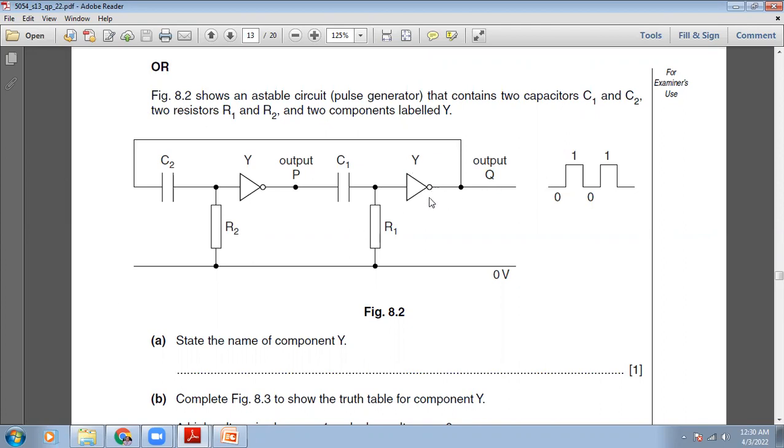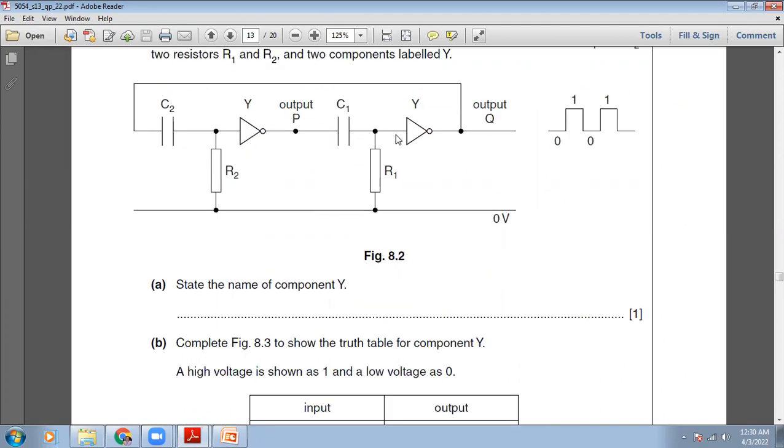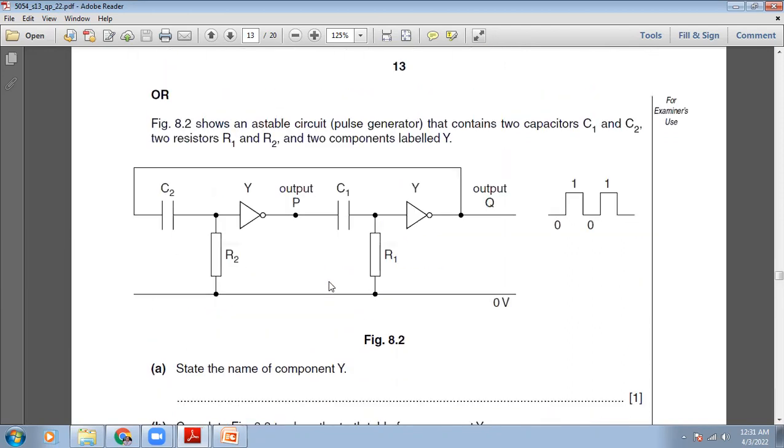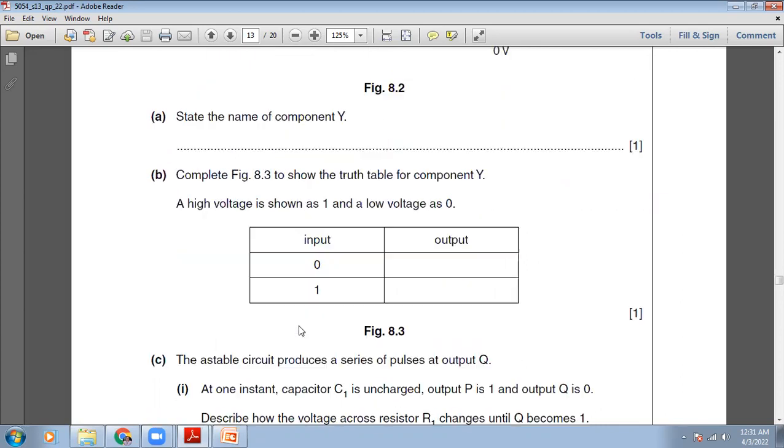This is actually an inverter. It is a NOT gate basically. Whatever will be the input, it will invert it. So whatever will be the input here, the output will be opposite to that. So this is a NOT gate. And here you have the truth table. If the input is 0, the output will be 1. If the input is 1, the output will be 0, because we call it an inverter, as it inverts the input when it gives the output.